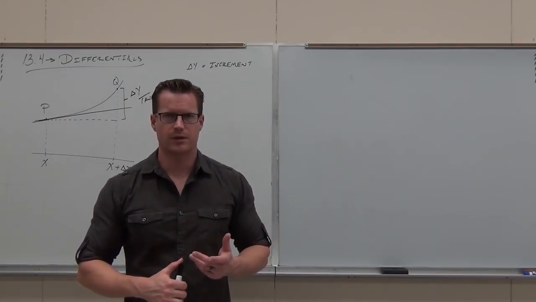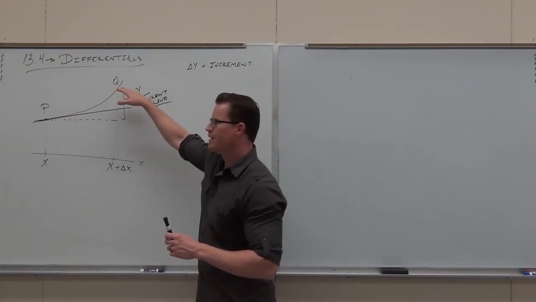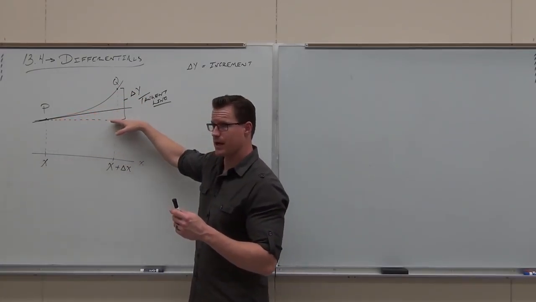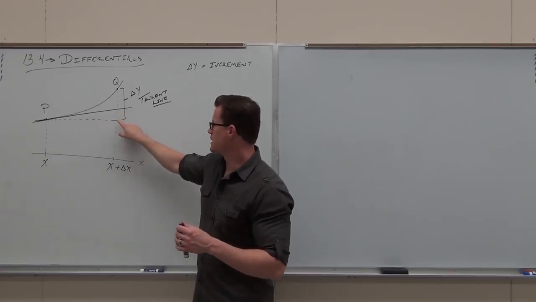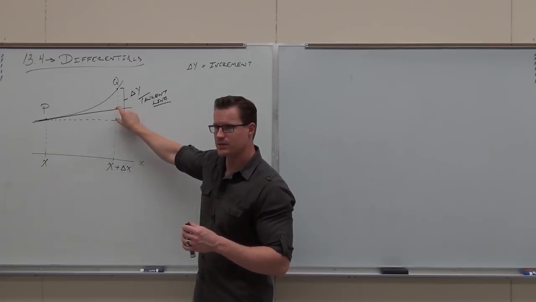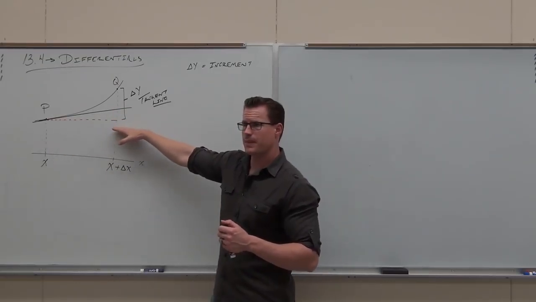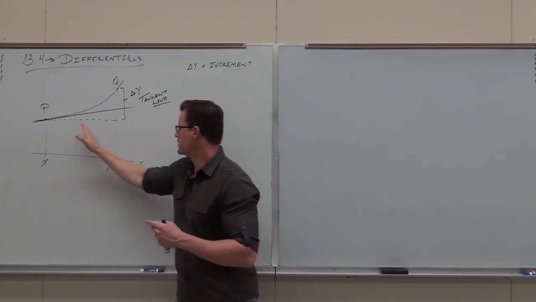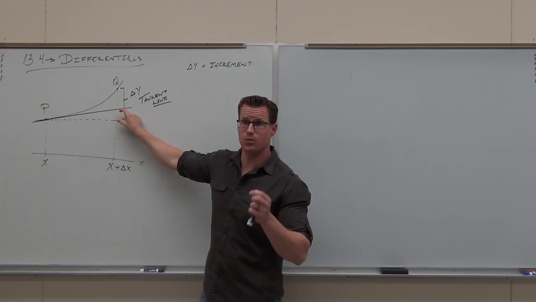Okay, so wait a minute. We just had this idea that the height between P and Q is different than the height between where P is here and where the tangent line is here. This distance between here and here, that little distance there between the height of the point P and the height of the tangent line at x plus delta x, that's what we define to be dy.